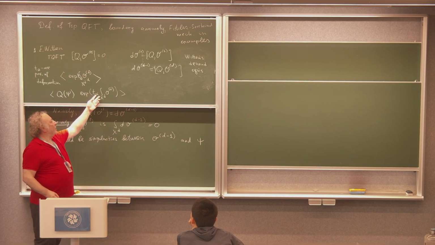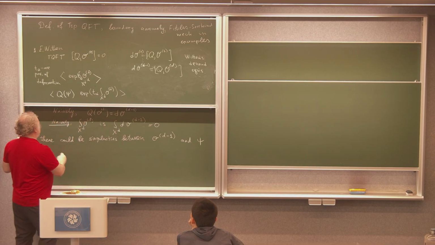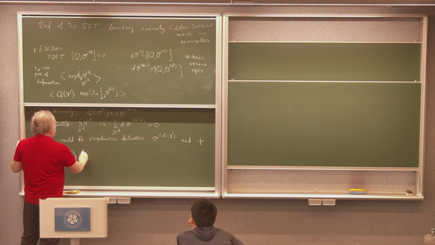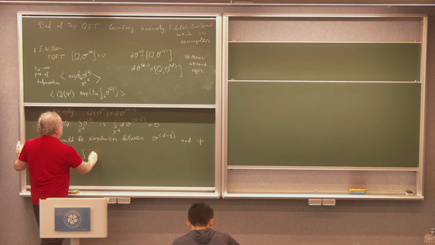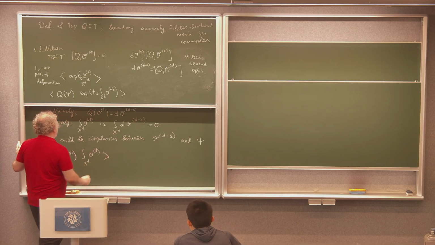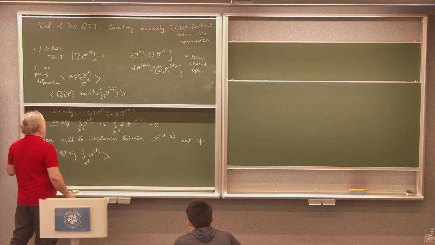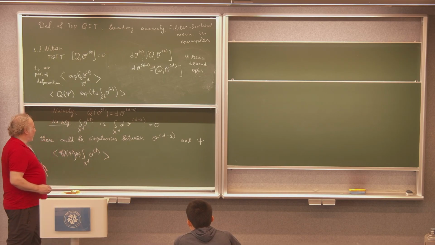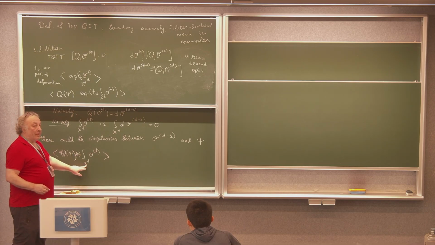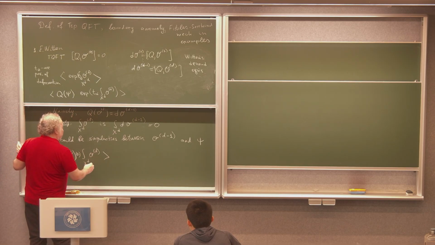So if I expand this exponent, I would have something like Q star. And if I take this point P0, I should better cut a small disk around P0.